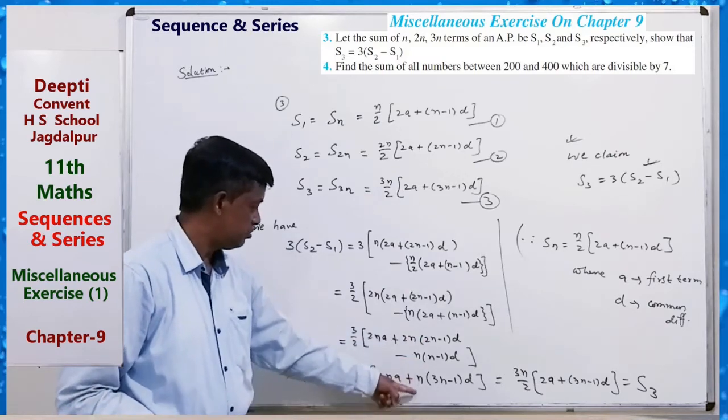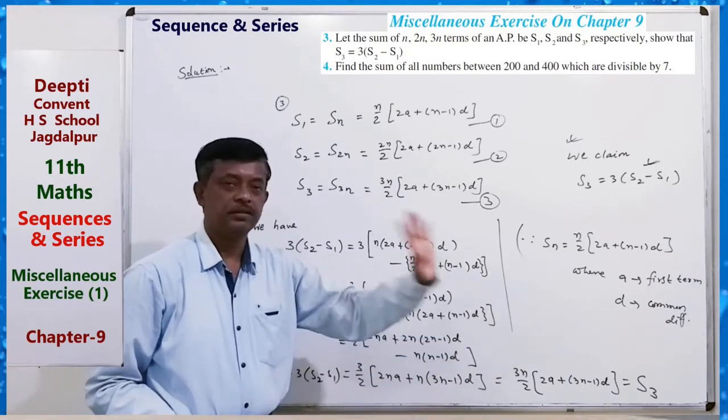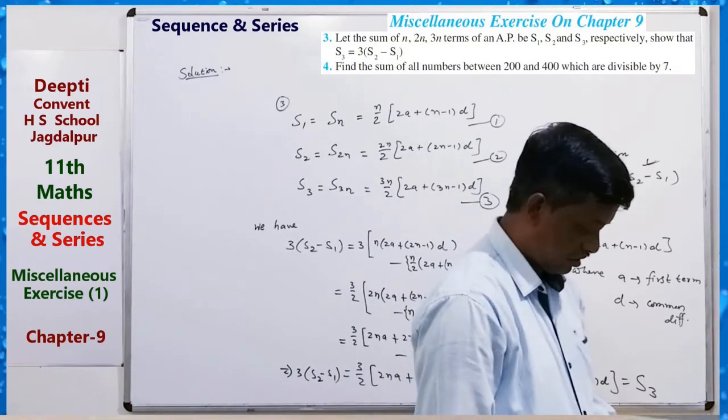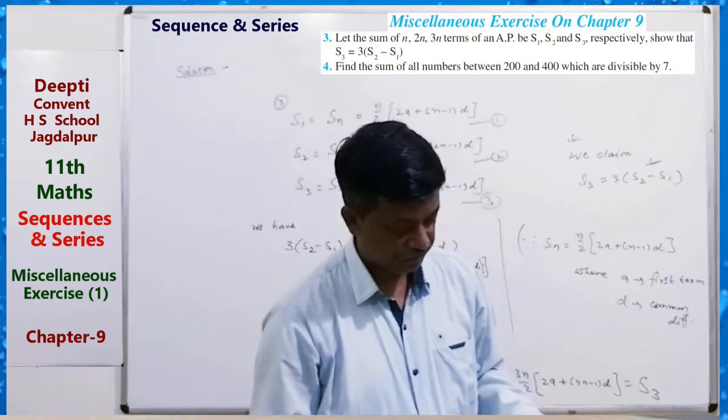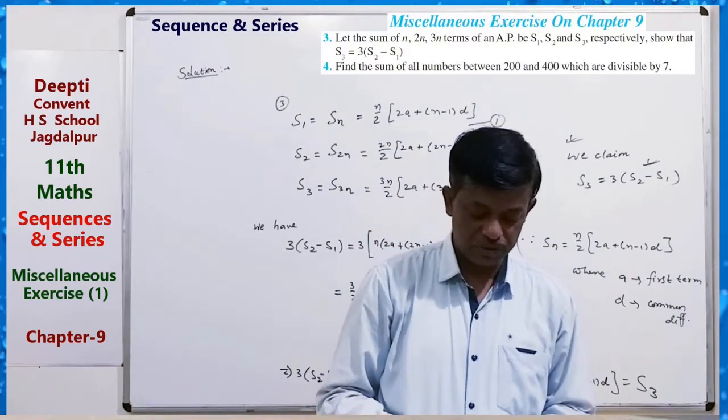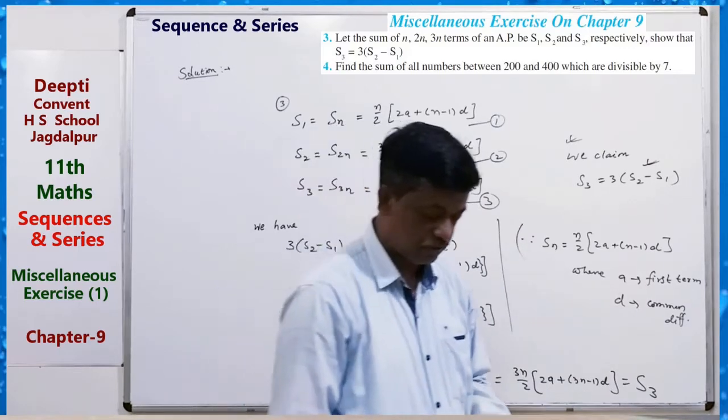After solving this we get S3. Okay, this is question 3. Question 4: find the sum of all the numbers between 200 and 400 which are divisible by 7.